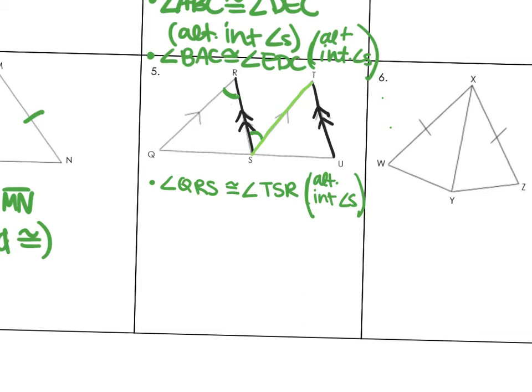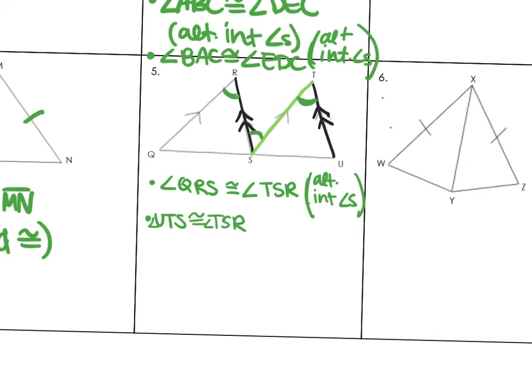So for that case, I can say that angle UTS, so that one, is congruent to angle, oops, I forgot my angle sign, TSR, which is the one that we already marked right here, okay?